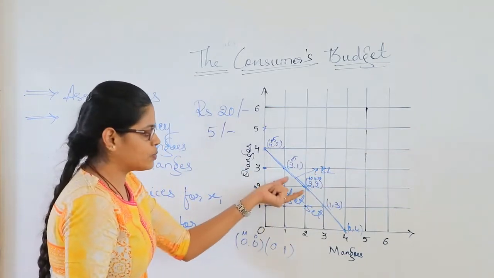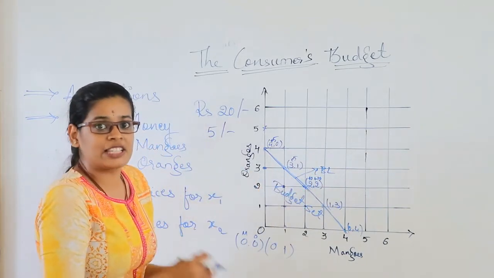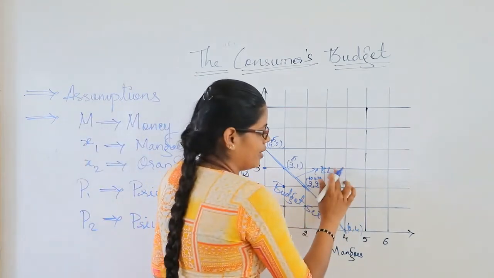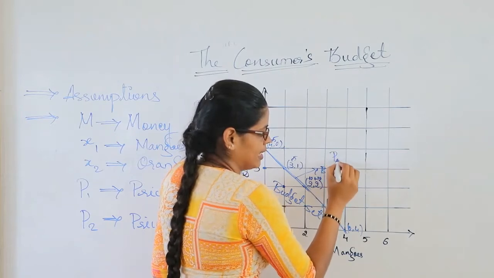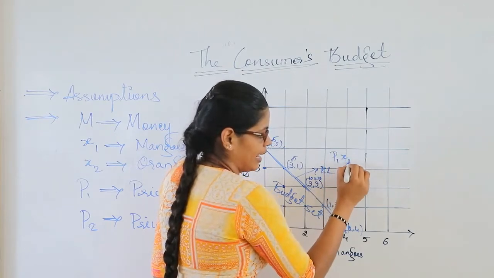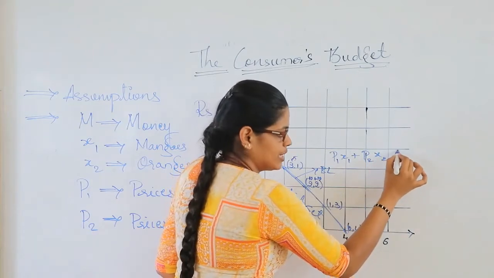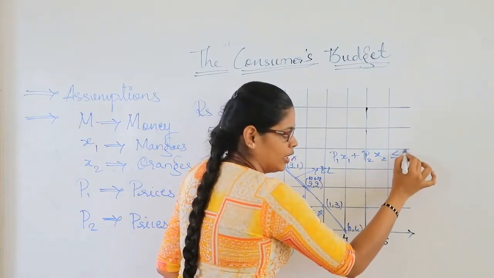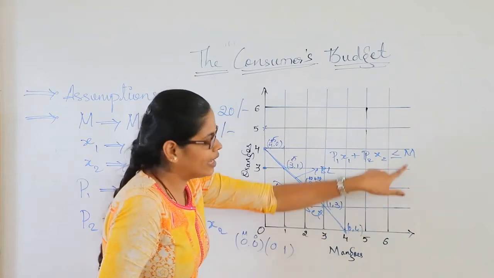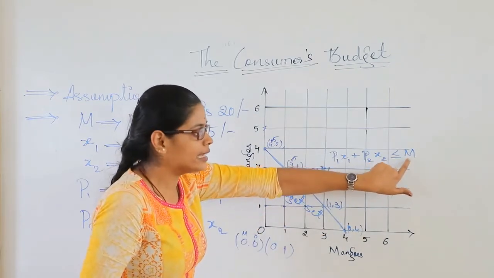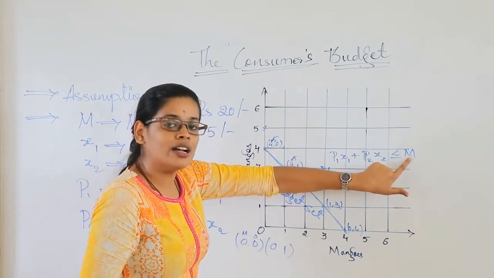So how is this budget line expressed in P1 and X1? We express it as P1 X1 plus P2 X2, which is less than or equal to M. We say M because this is the budget of a consumer.